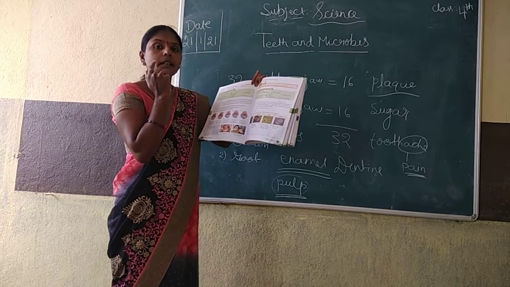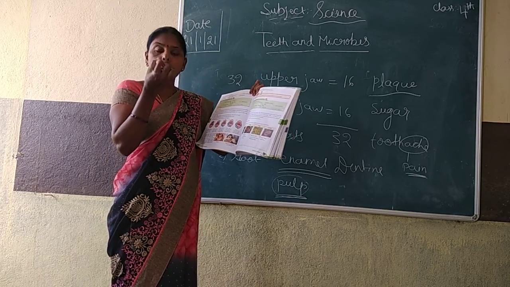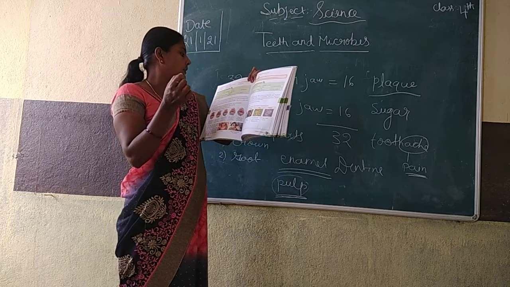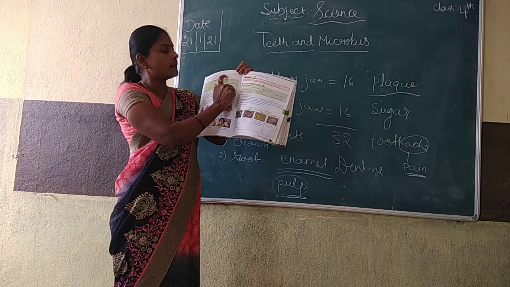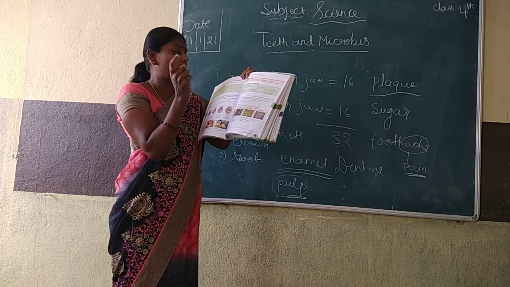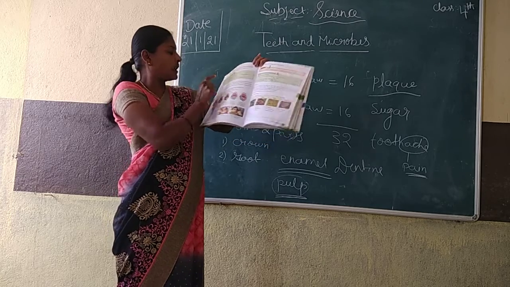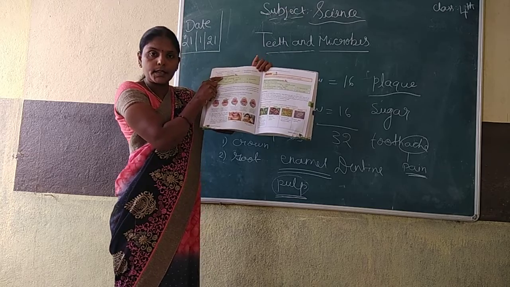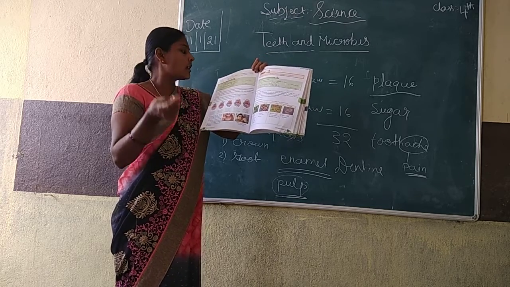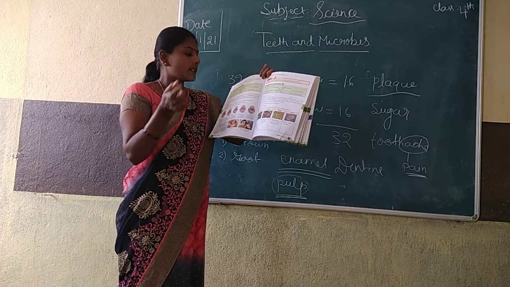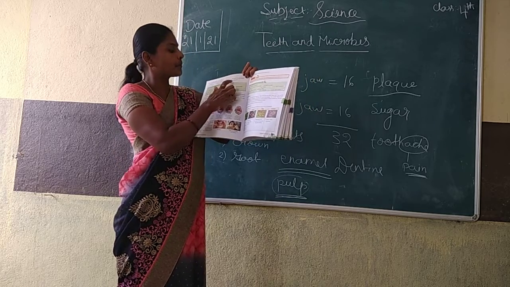Second one, holes or cavities in the teeth. Holes and cavities are formed by tooth decay. Third one, foul smell, a bad smell will come from the mouth. Fourth one, loss of teeth. You may lose teeth. Next, stomach disorders, disorders in the stomach.